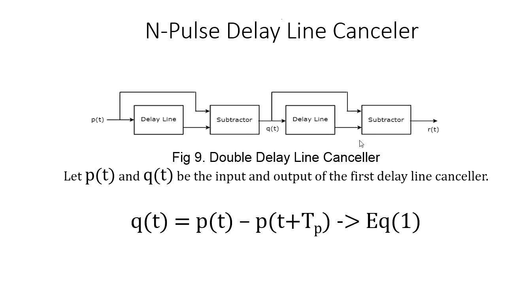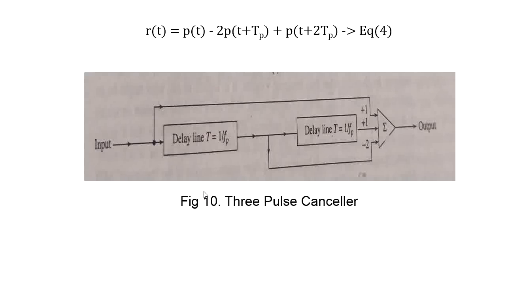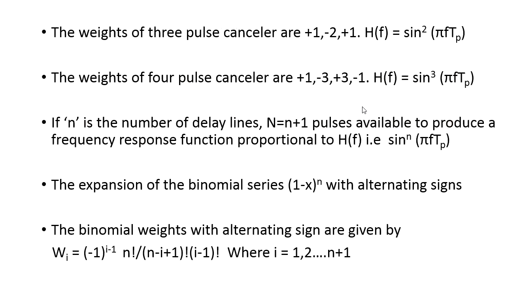By modifying the finalized equation we can also draw the double delay line canceller, and whatever simplified equation we get, by using that equation we can also draw the 3 pulse canceller. This is what we call a 3 pulse canceller because it has 3 pulses of magnitude 1, -2 and +1.